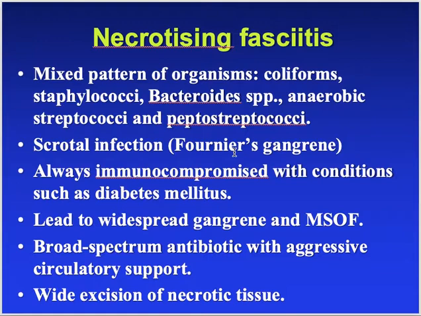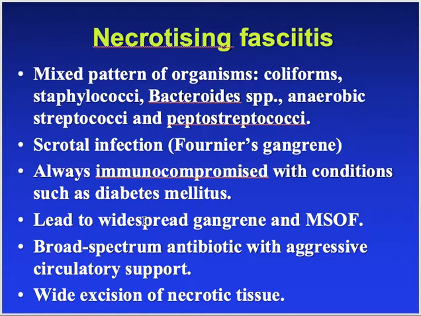Most of the patients who get this kind of infection are immunocompromised or have chronic conditions like diabetes mellitus. What is important is that they present with severe pain and inflammation.